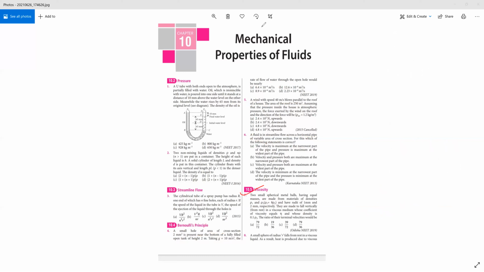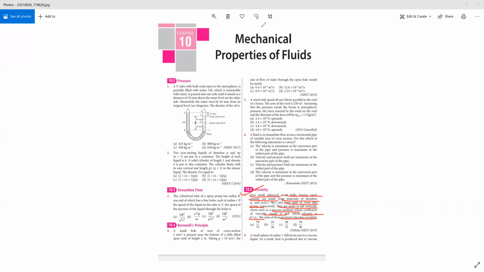Next, seventh one. Two small spherical metal balls having equal masses are made from materials of density rho1 and rho2 and have their radii 1 millimeter and 2 millimeter. They are made to fall vertically in a viscous medium whose coefficient of viscosity is eta and density is 0.1 into rho2. The ratio of the terminal velocity would be.